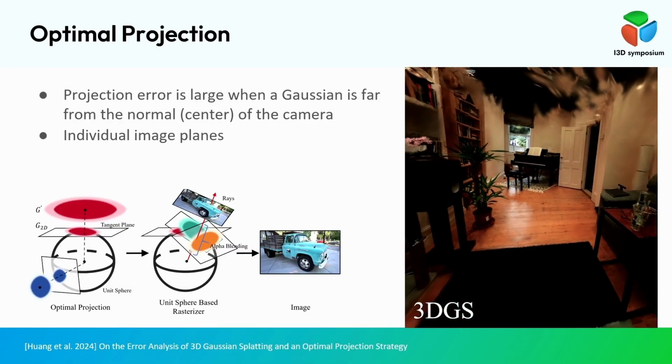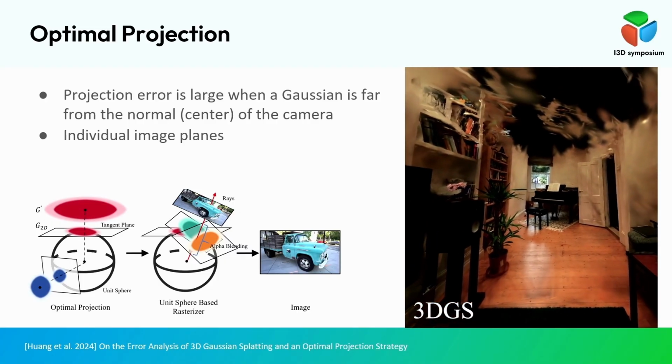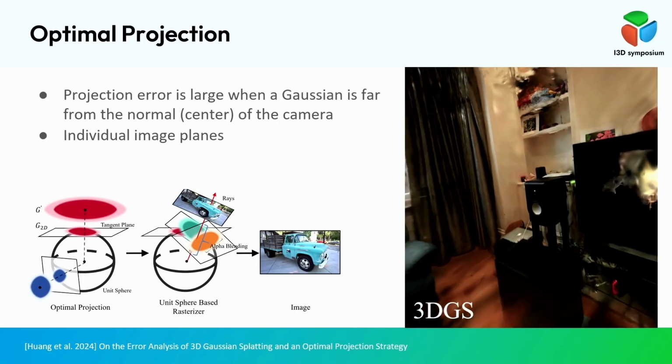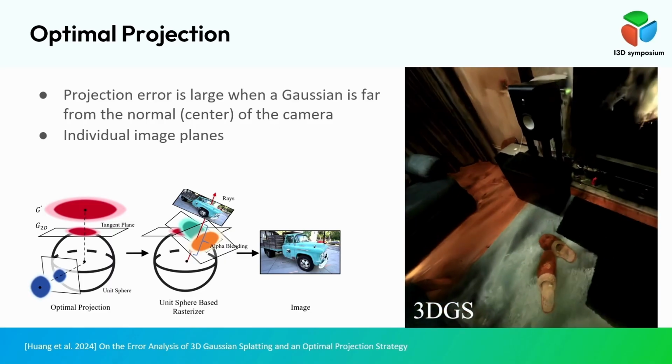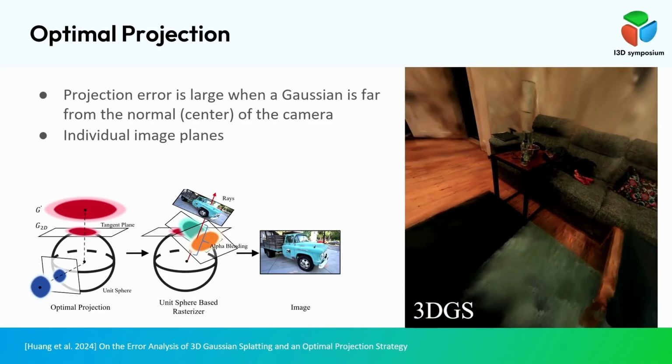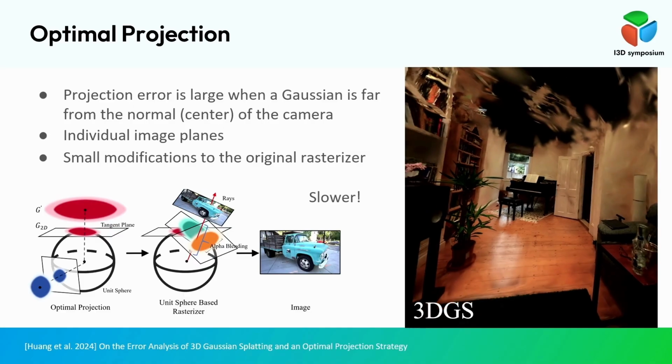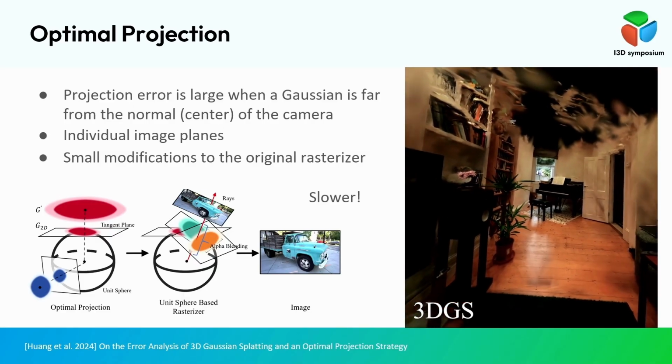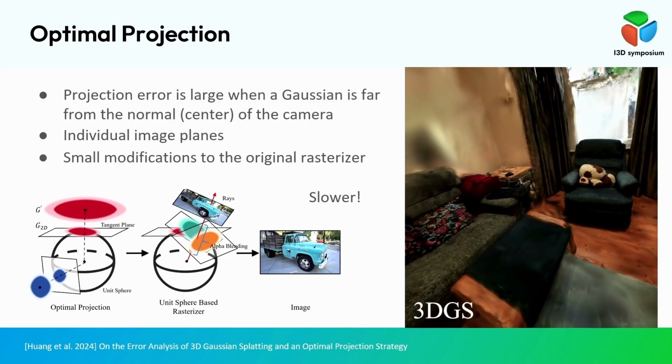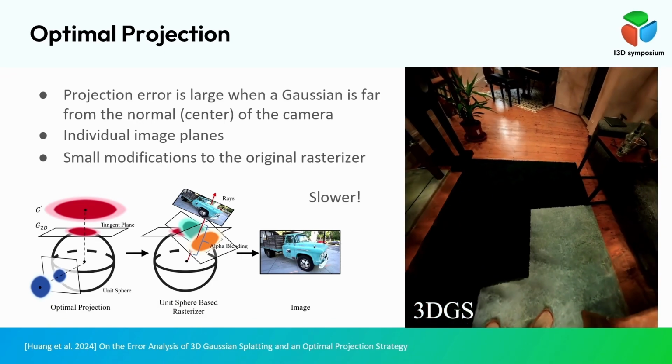We can still slightly modify the original rasterization pipeline to make it work with the new representation, but it still produces additional computation, so it's slower.